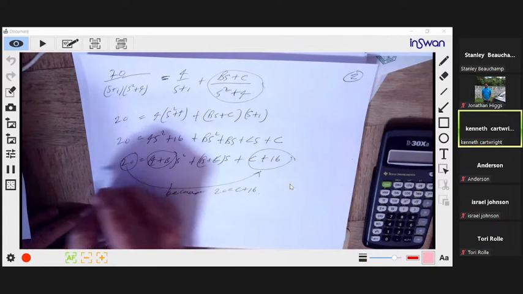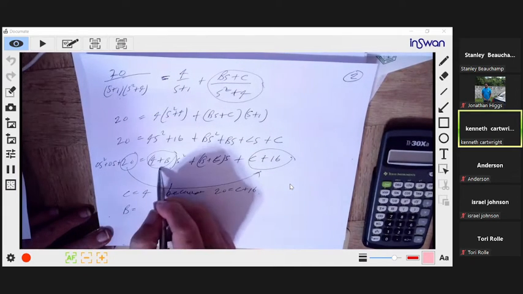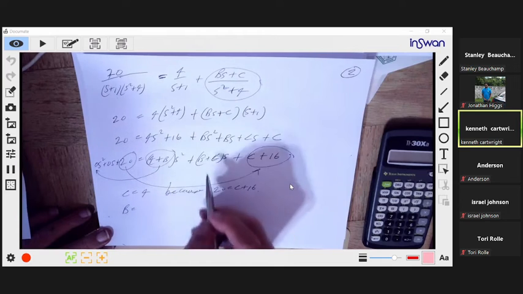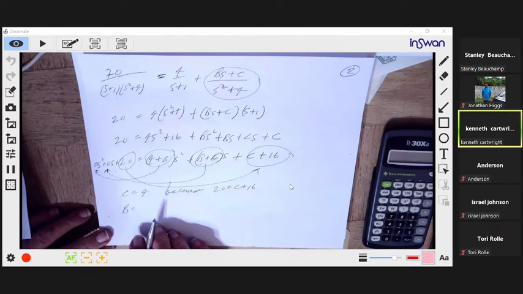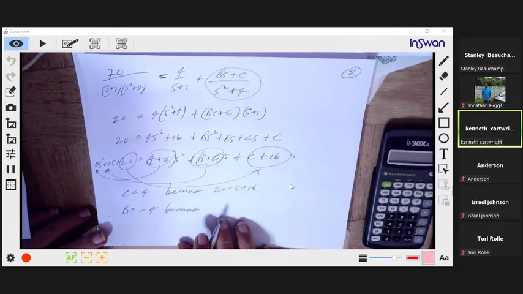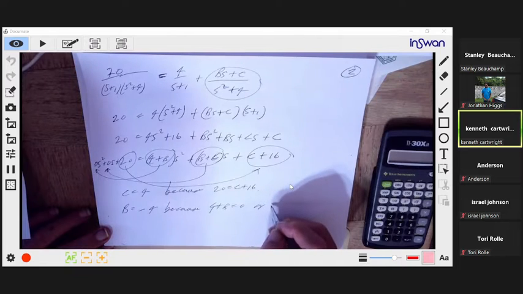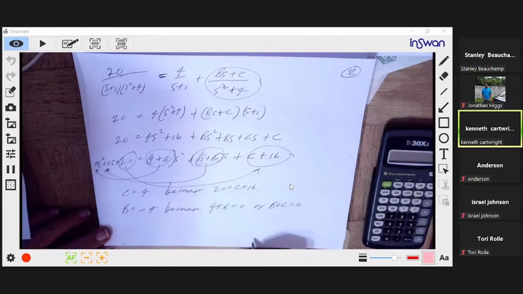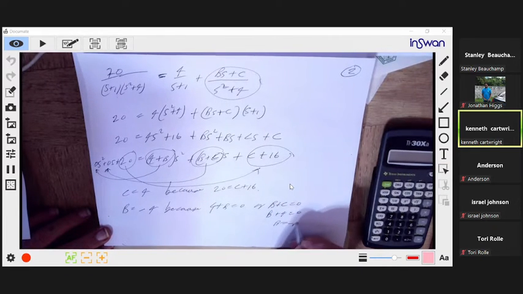Why? Because all on this side is 0 S squared plus 0 S. So 4 plus B must be 0, and B plus C must be 0, just like we did last class. So B plus 4 equals 0, so B equals negative 4.